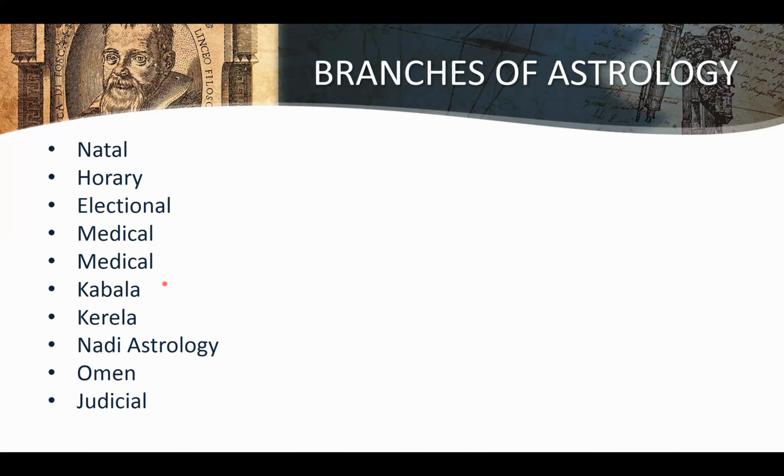If we talk about Nadi astrology, here the lives of many persons born and yet to be born are found written, surprisingly, by the ancient rishis of India. A very, very good and interesting method of astrology.